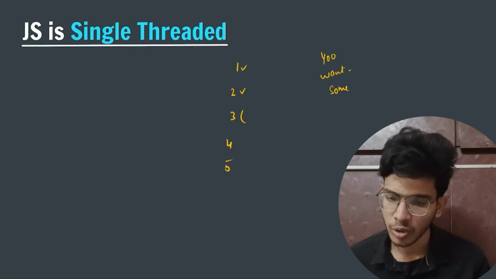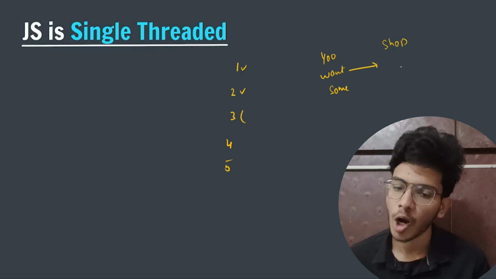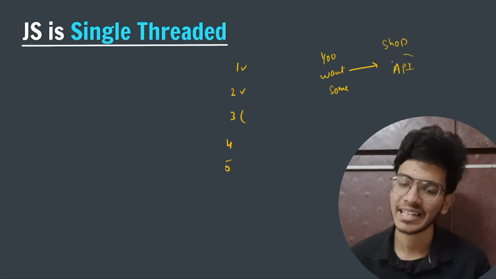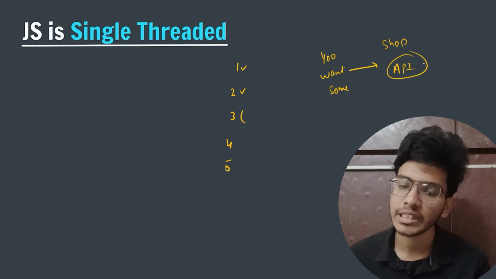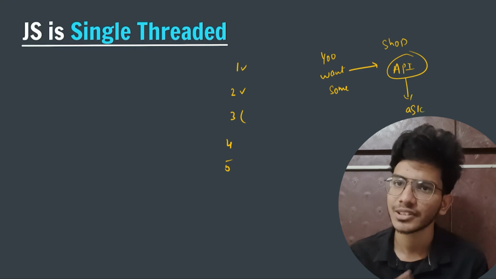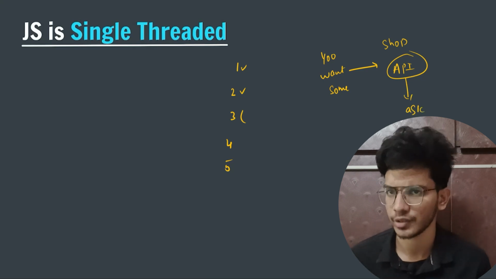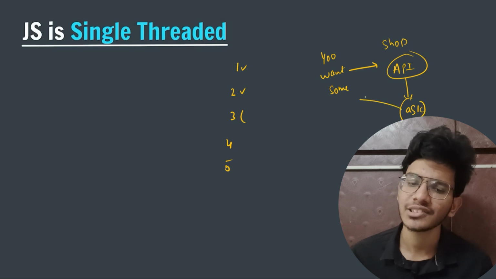To get that thing, you will go to a shop, and that shop is the API. I'm telling this in very layman terms, but it is easy to understand, right? So in APIs, we will ask, okay, give me this, give me that. Then after asking, the API will return something to you.